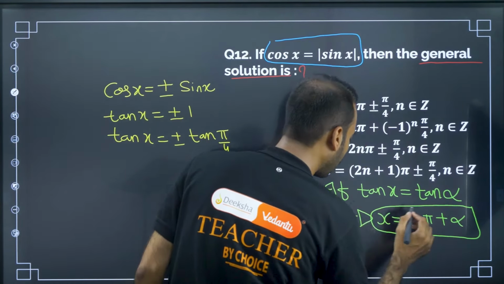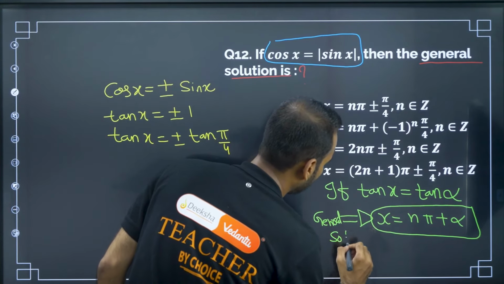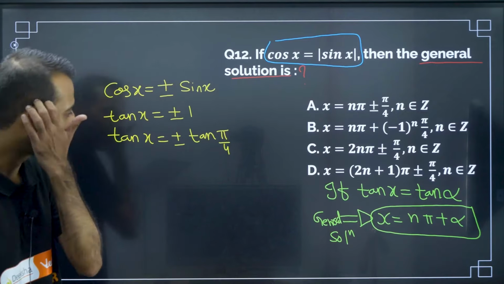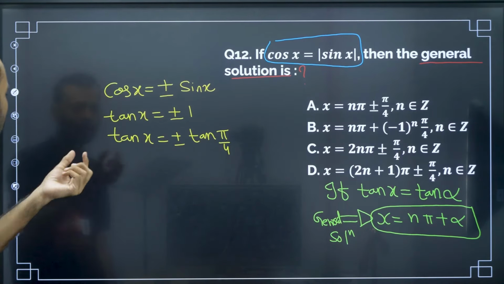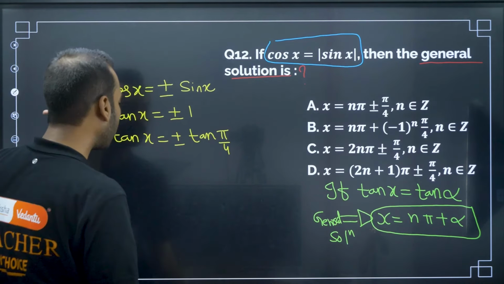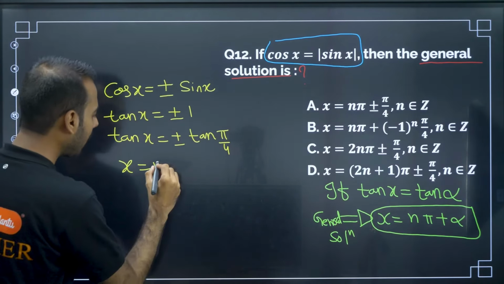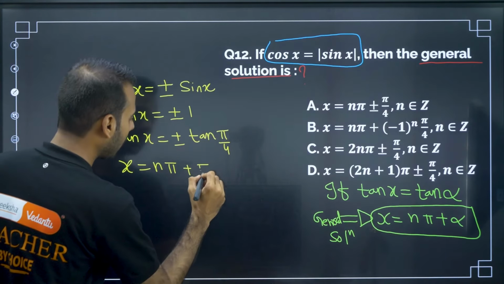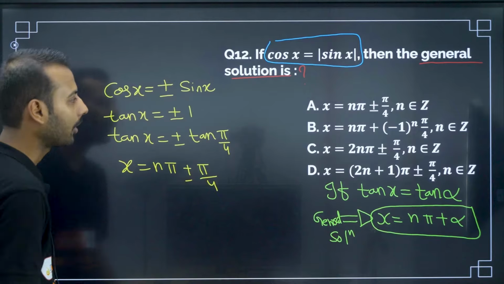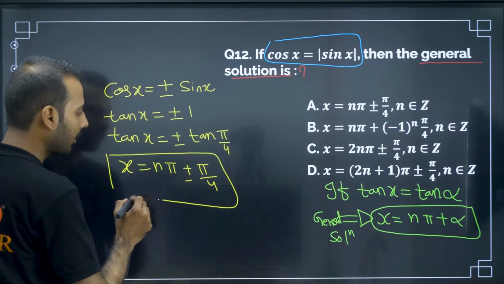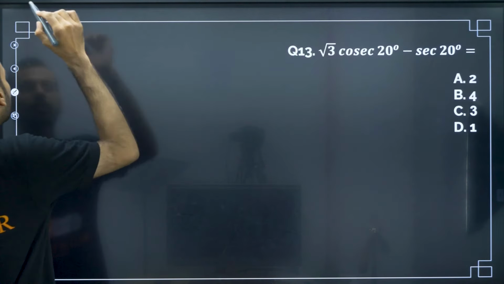That is the general solution. Now tan x is equal to plus or minus tan pi by 4, so x is equal to n pi plus pi by 4, or if I take minus, n pi minus pi by 4. Is there any such option? x is equal to n pi plus or minus pi by 4. A is the answer. Moving on to the next question.